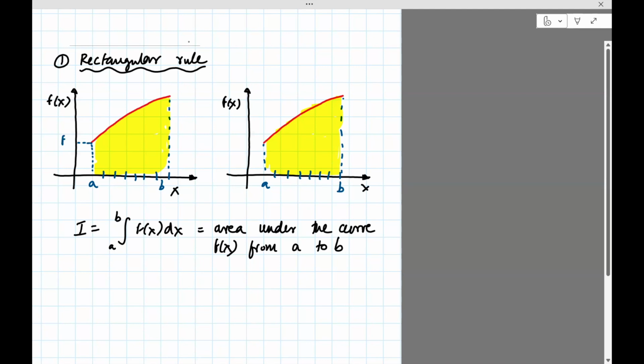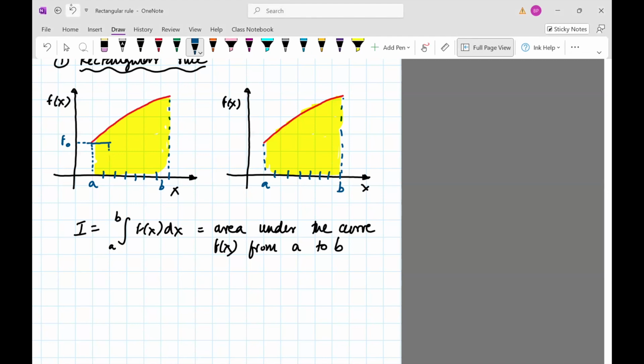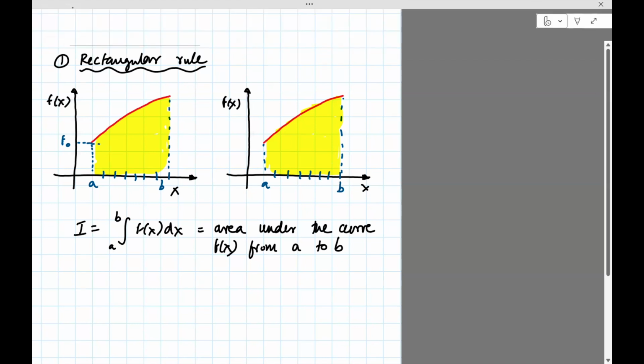It's f0. Then take the value at the next point, f1, and so on till fn minus 1. So we've basically found the values of f at each of those points.